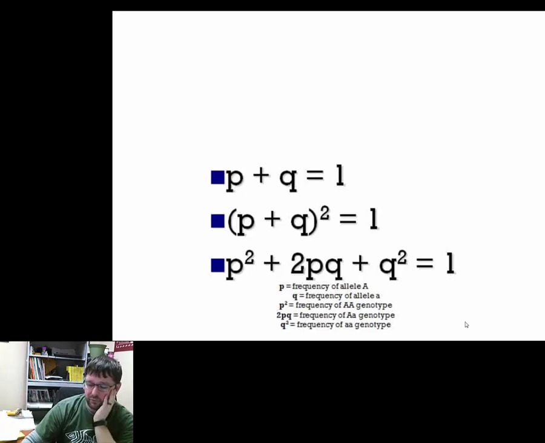So let's examine one. You can use all 3 of these equations, but most of the time you're using this equation and the bottom equation here. p squared represents the frequency of homozygote dominant individuals. 2pq is the frequency of heterozygotes. q squared is the frequency of homozygote recessive individuals. p is dominant, q is recessive.